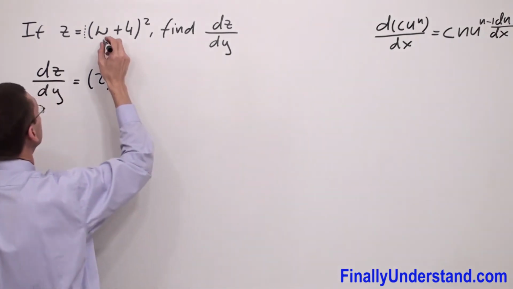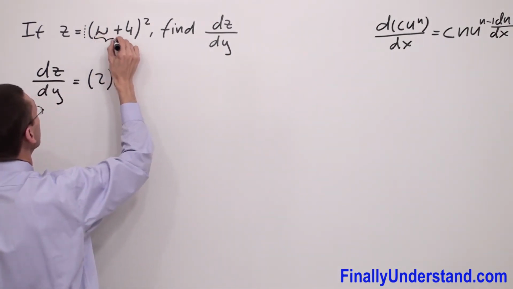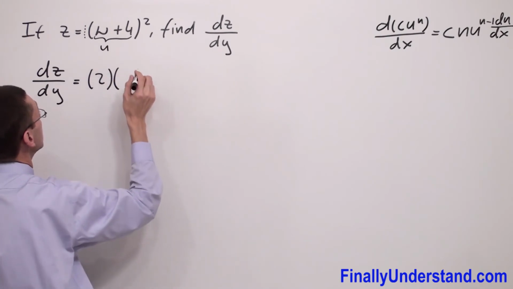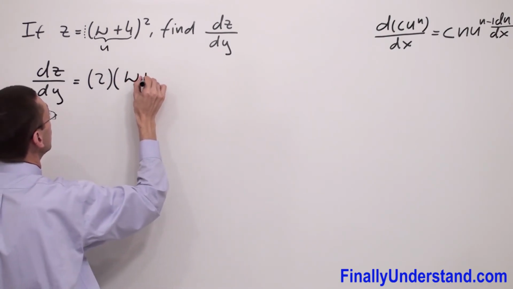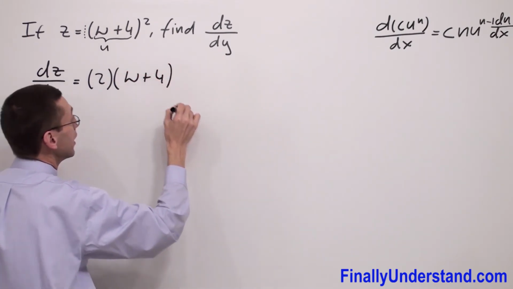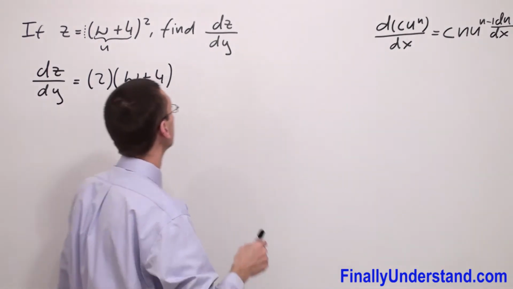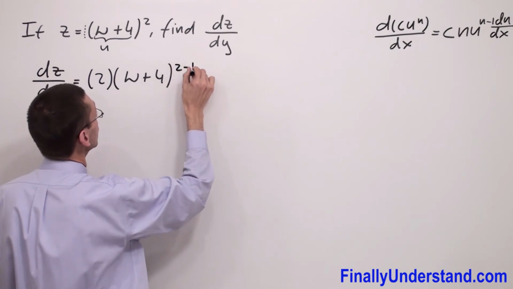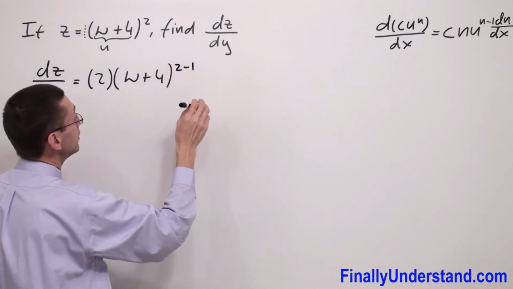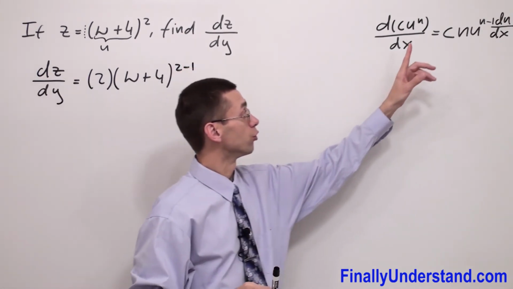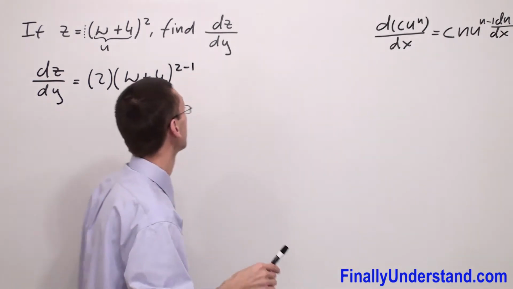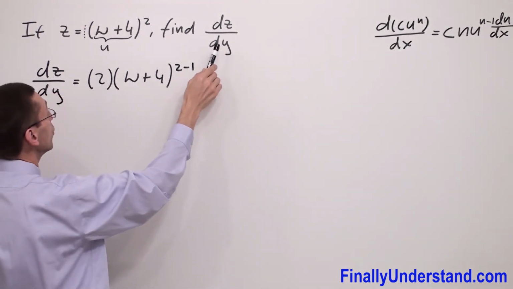My u is the content of the parenthesis. This is my u. So I have w plus 4, and I have n minus 1, so I have 2 minus 1, and the derivative of u with respect, in this case, to y.